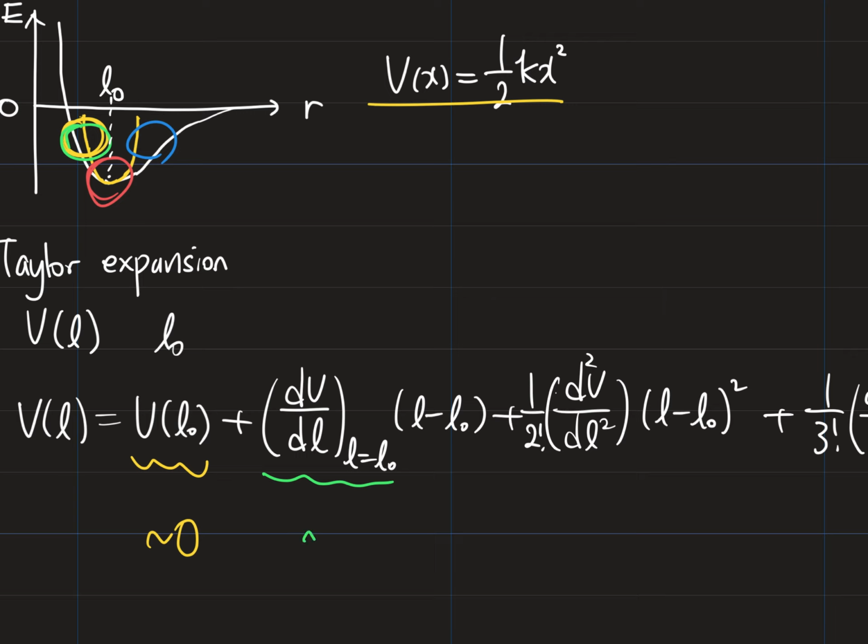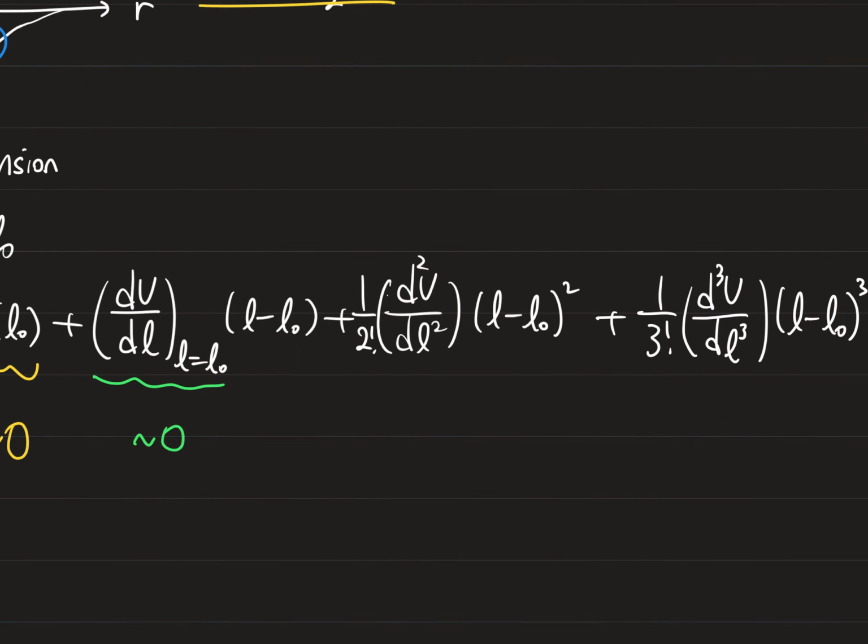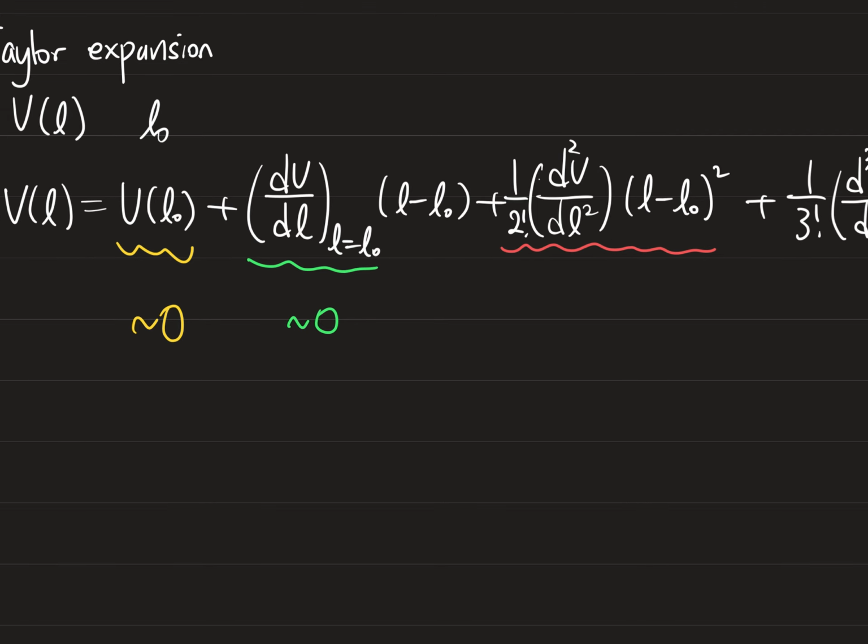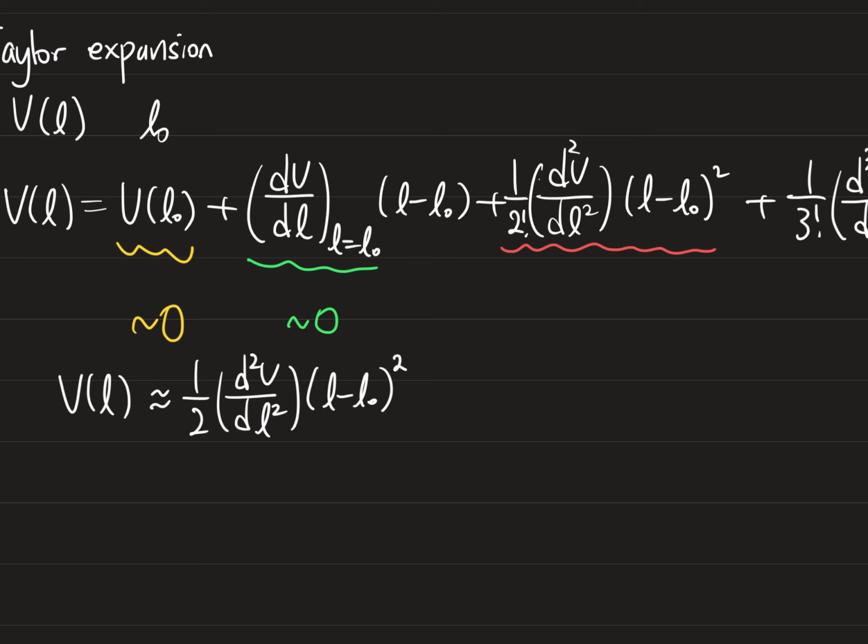So we can approximate this term also as 0. Then what is the first term that remains? That is the second term, right? So finally, this expression can be reduced to this, and we can ignore the higher terms because they wouldn't be as important as the second term.